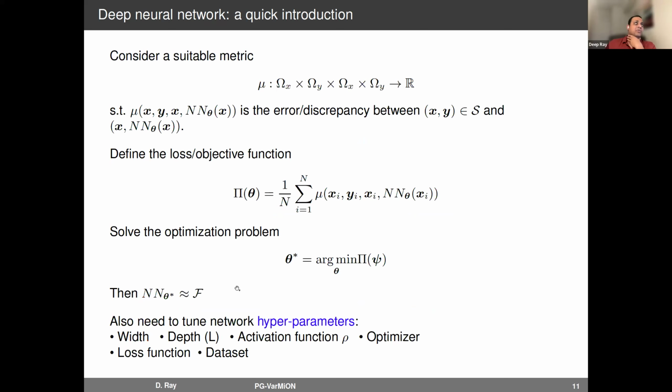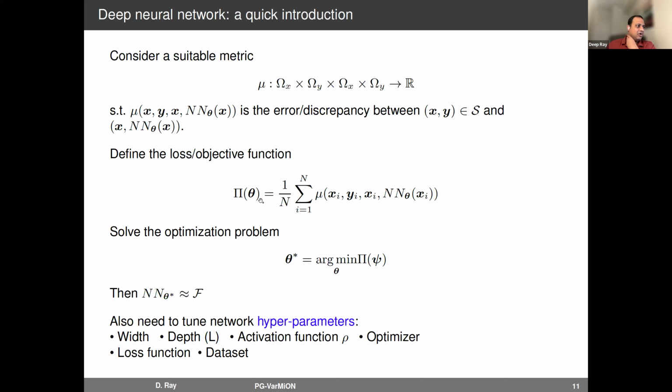And to do that, you would need to define some kind of a metric that helps you figure out the discrepancy between an x and y coming from the true data set and an x and the prediction coming from the neural network when you feed the x. You would evaluate this error, averaged over all the training points, the data that's been given to you.